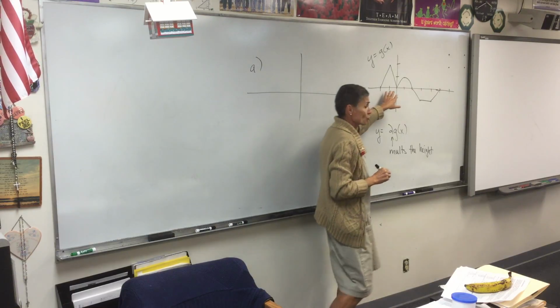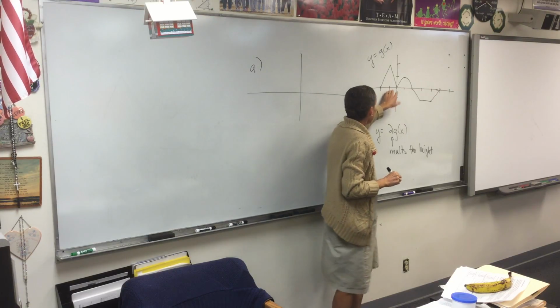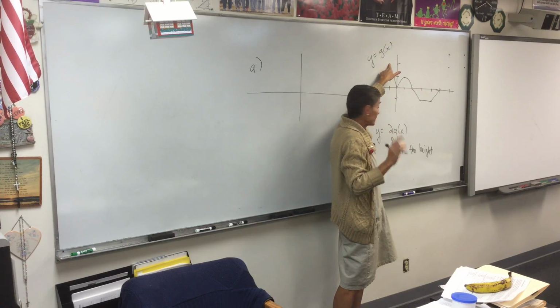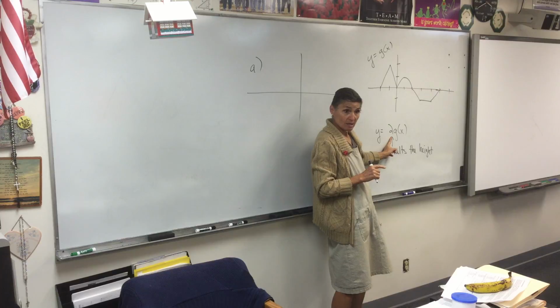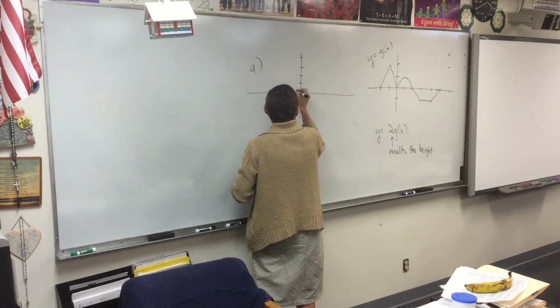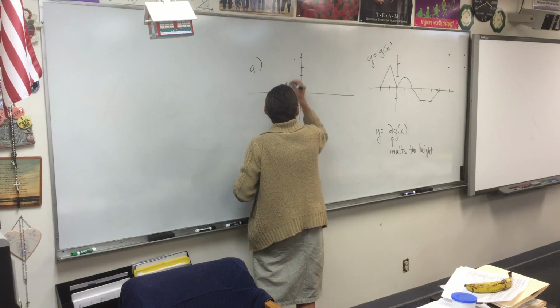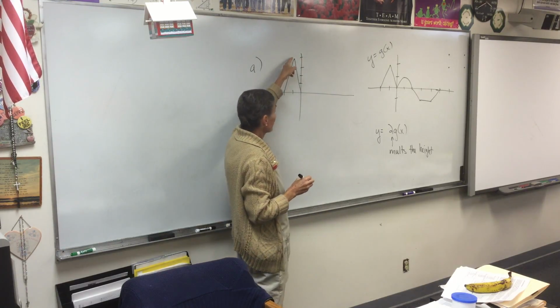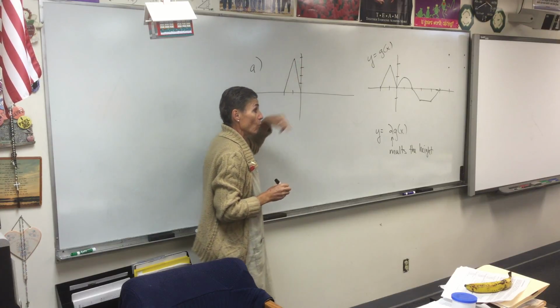See this triangle right here? How high is that triangle right now? 2. It's going to get doubled. So now that triangle is going to go all the way up to 4. It is the same width, it's still over 2, but now it's all the way up 4.